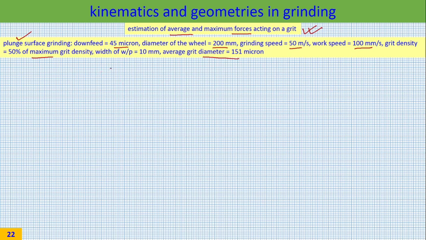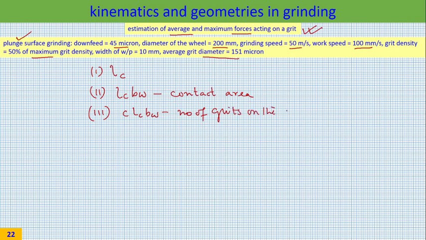First thing you should calculate is LC. Second thing you should calculate is LC into BW, which is the contact area. Third thing you should calculate is C into LC into BW, that means the number of grits on the contact area.